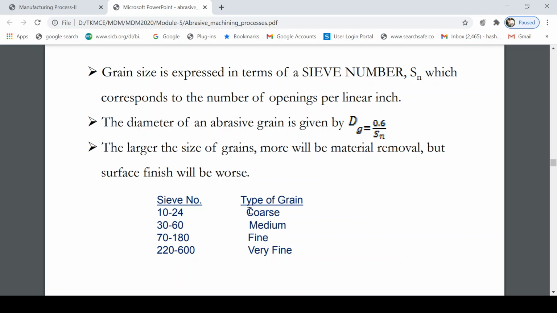This is normally used for roughing operations. If you want to increase the metal removal rate, you can use coarse abrasives. And 30 to 60 is medium, 70 to 180 is fine, and 220 to 600 is very fine. It can be used for super finishing operations.